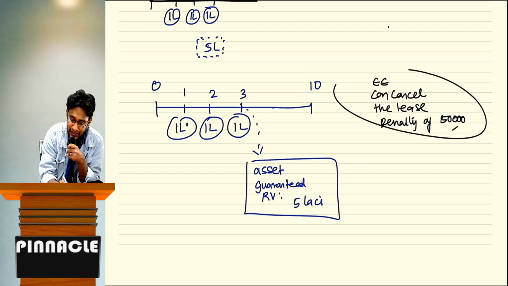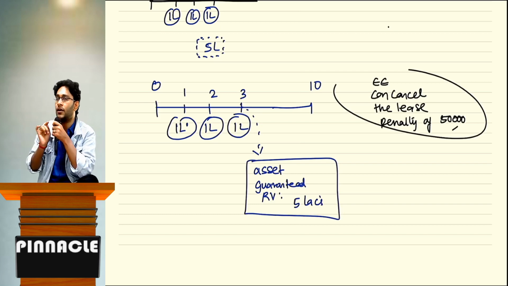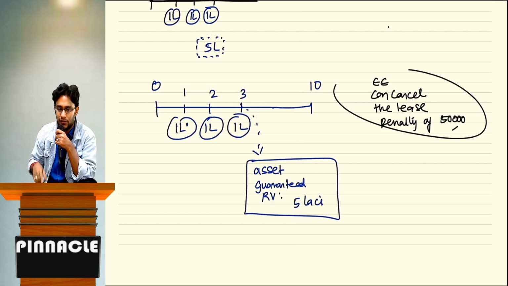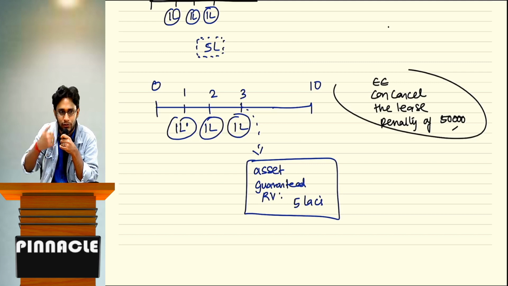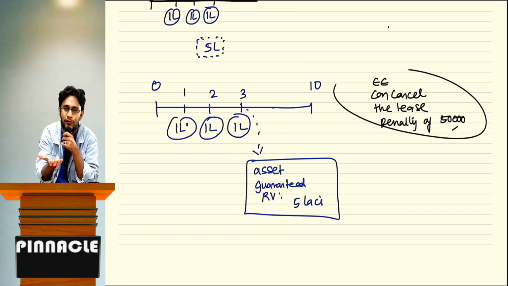The lessee also agrees. Don't misunderstand that the lessee is saying that I will pay 5 lakhs. What the lessee promises to the lessor is, after 3 years you get into this car and come to me. I will also join. We both will go to the valuer and get the car valued. The car's value should be a minimum of 5 lakhs. If it is not 5 lakhs, whatever shortfall is there, you have to pay me. That is the meaning of guaranteed residual value.